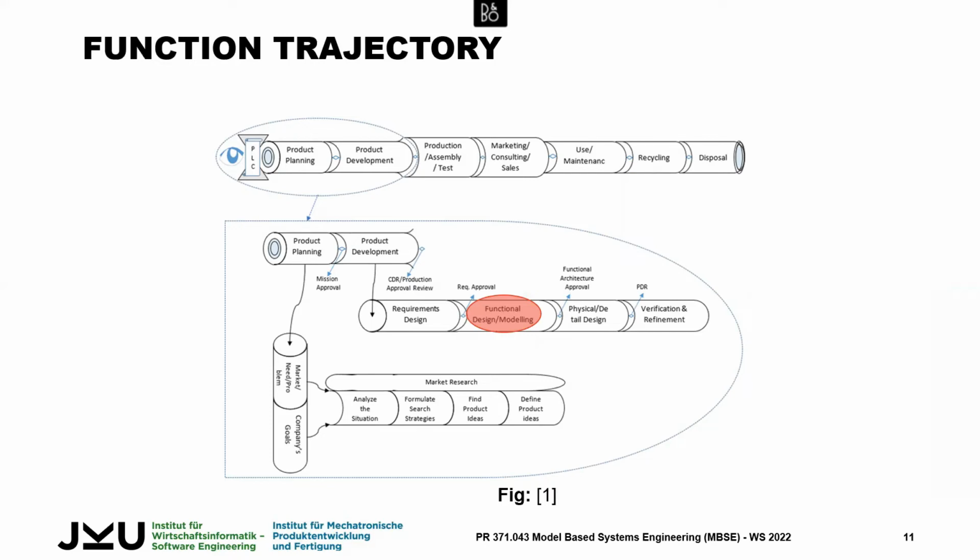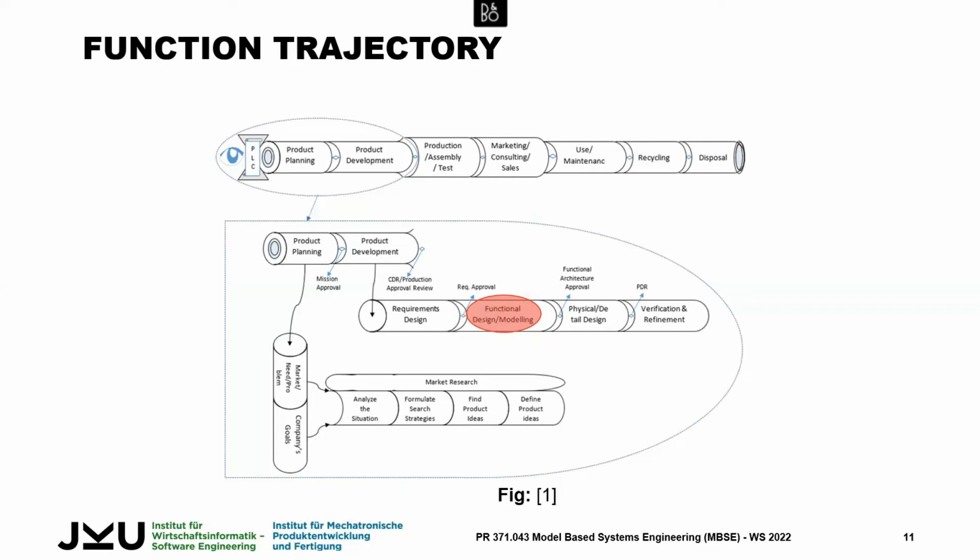And here, this is actually the product development phase. When we are doing the conceptual design of the product, this is requirement design. So somehow this is requirement engineering, because it also has some steps for how you are going to define your requirements.